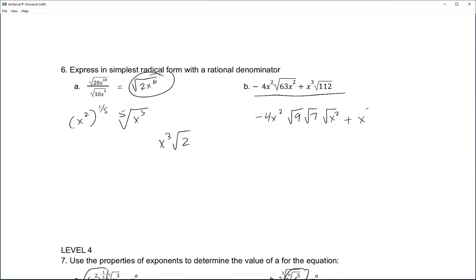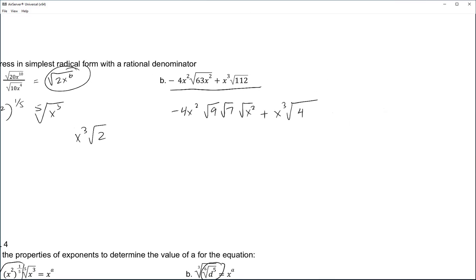Plus x cubed. 112, what's half of 112? 56, right? 4 goes into that, and 4 times 4 divided by 112 is 28, and then 28 and 7. So this is 4 and 7. I should have just done that.